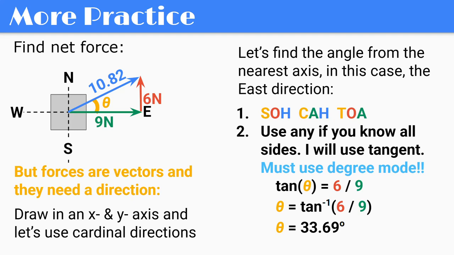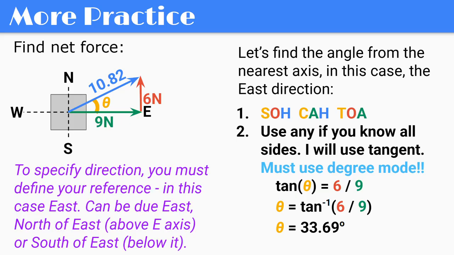Again, angles need to be described with a direction. 33.69 degrees from what? That by itself is not very much information. So to specify direction, do it with respect to some reference. I'm going to use the axes I drew in, just like last time.